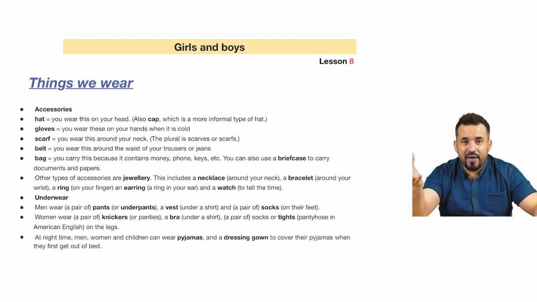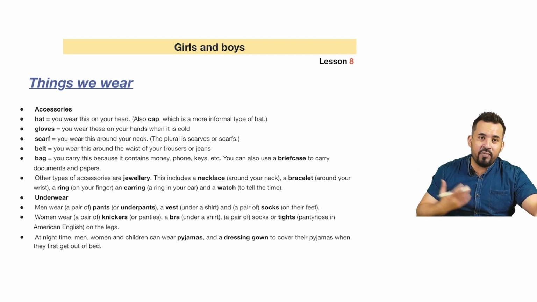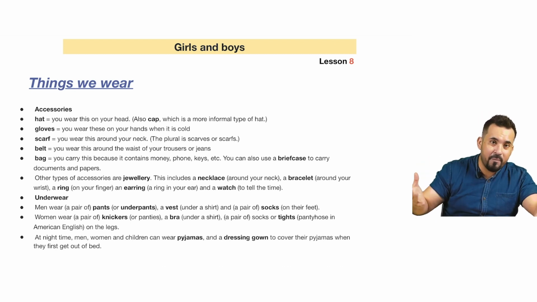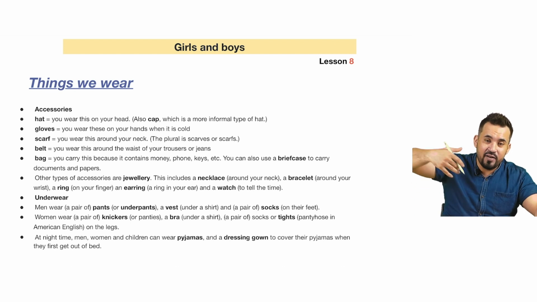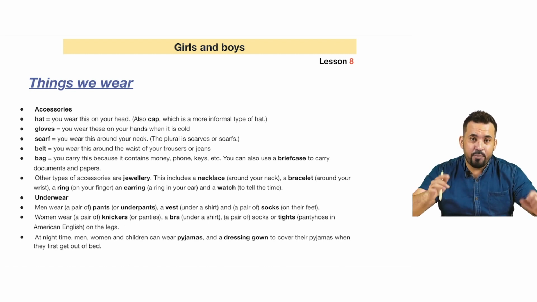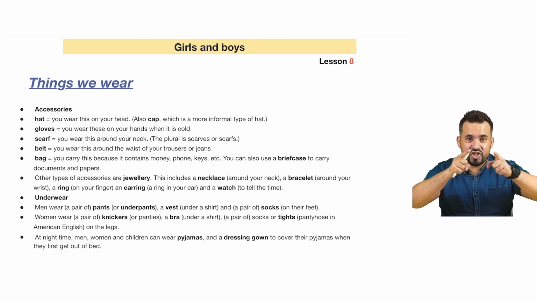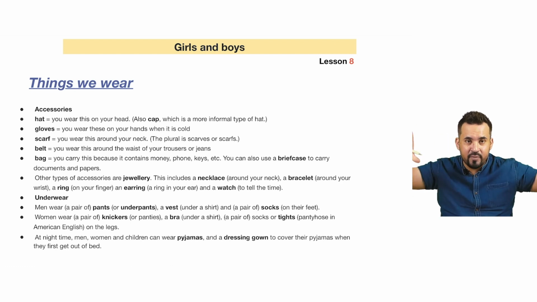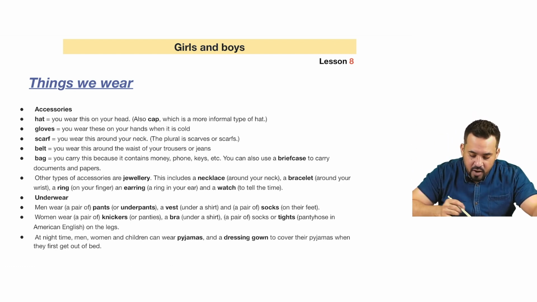Underpants or underwear are for men, and men wear them under their pants. Normally it's just called boxers, or briefs. Briefs are like a V shape, and boxers are more like box shape.